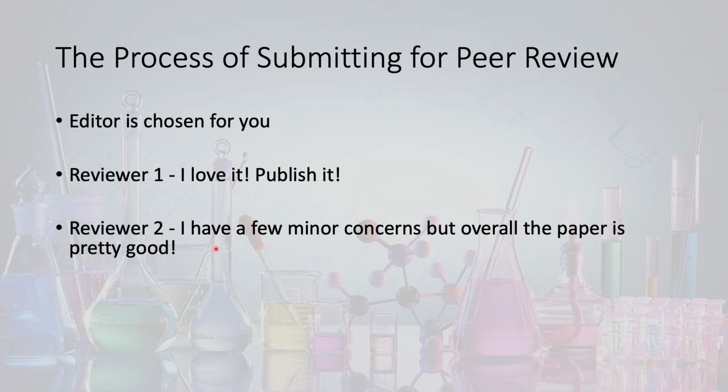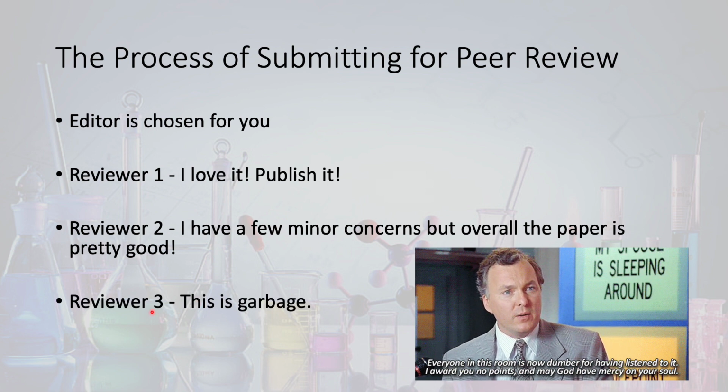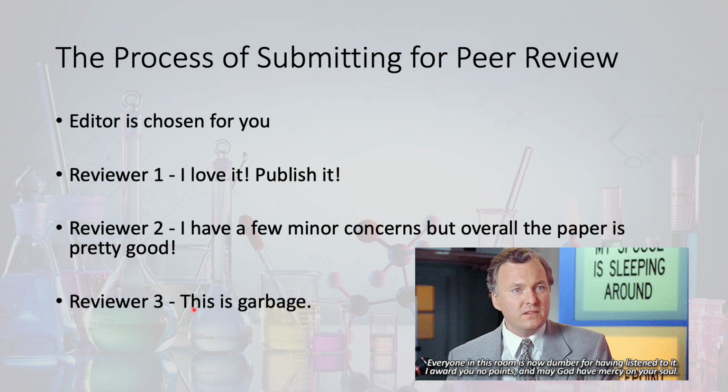And this reviewer will make expert suggestions on how to improve or correct for these minor concerns. And then a joke in the scientific research field is that sometimes if there is no consensus between reviewer 1 and 2, a third reviewer can be added. This doesn't always have to be reviewer 3, but it's a running joke in the scientific publishing community.